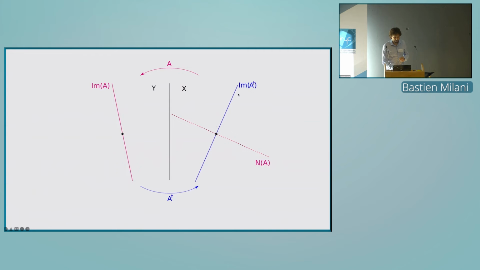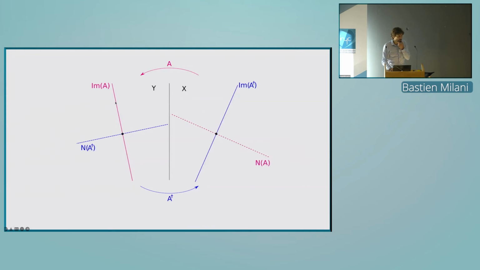And you can show that the image of A dagger, which is called the co-image, is orthogonal to the kernel of A. You can show it easily. And the null space of the adjoint is orthogonal to the image of A.